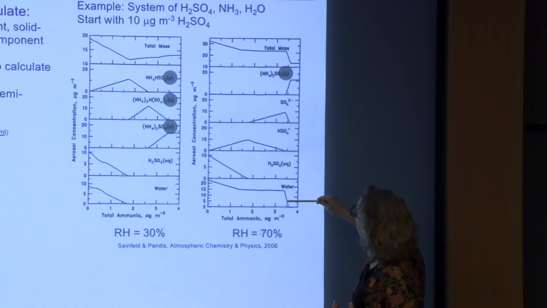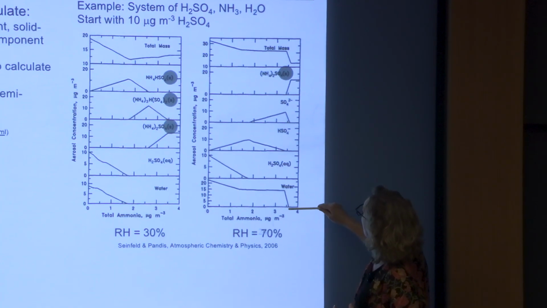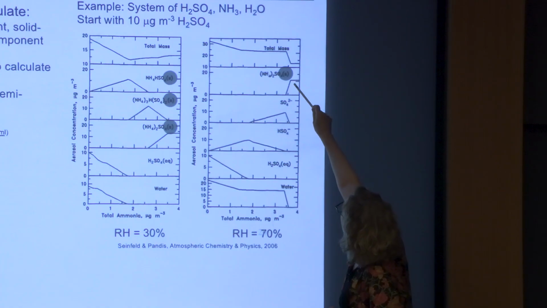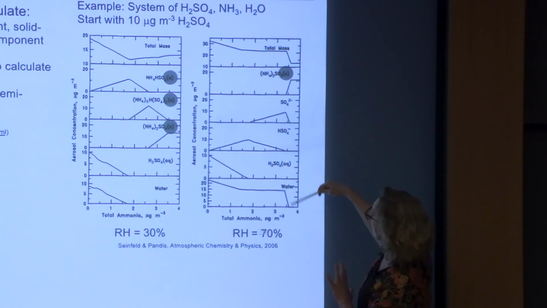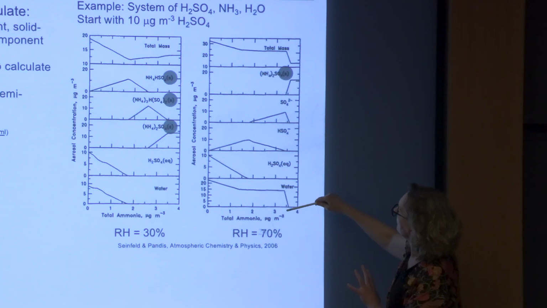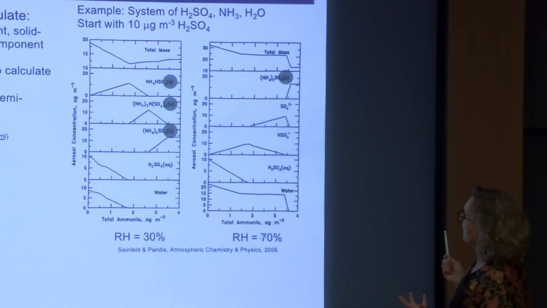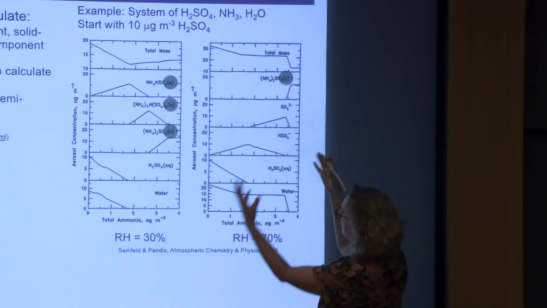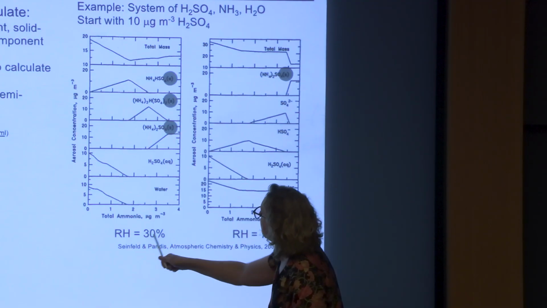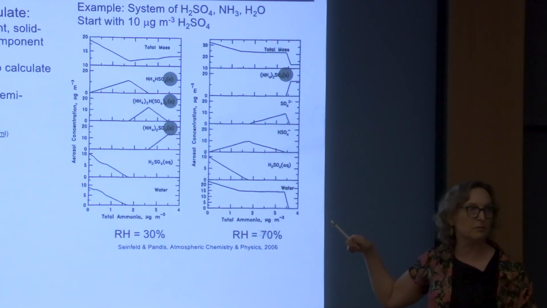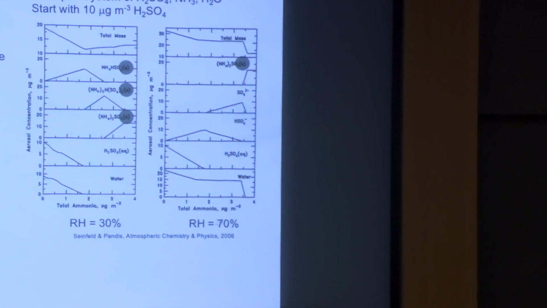Eventually, once we add very much ammonia right here, and we have everything in ammonium sulfate right there, no water anymore, right? So the particle becomes dry, so it can't accommodate any water anymore. So same amount of chemicals in our system, different relative humidity, big difference to what's happening in the aerosol phase.